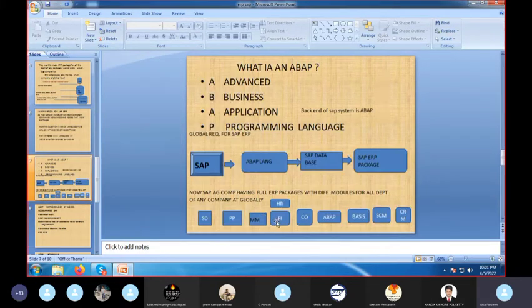FI is a different module, CO is a different module, and SD is a different module, sales and distribution. PP is production, MM is purchasing, material management, then human resource. ABAP, I already wrote the full form here, and BASIS here, and CRM is customer relationship management.